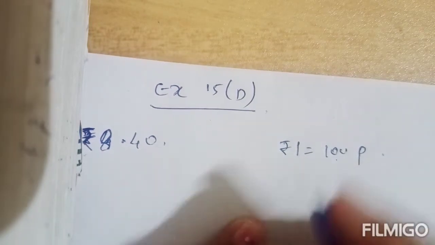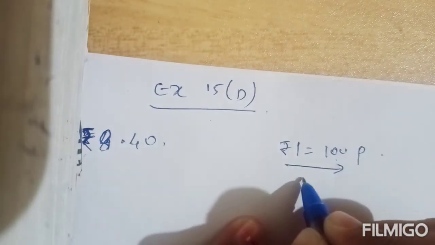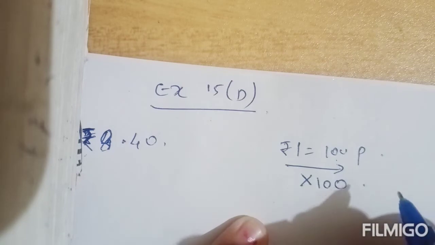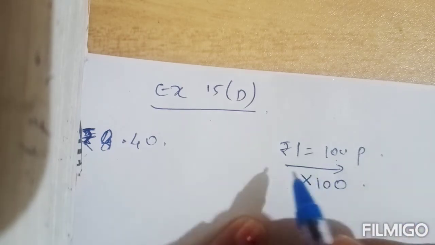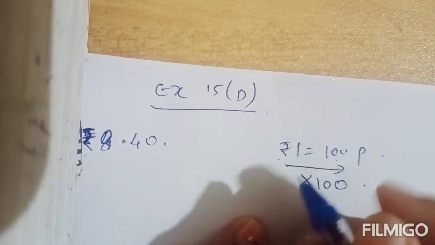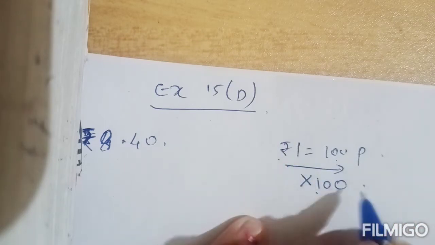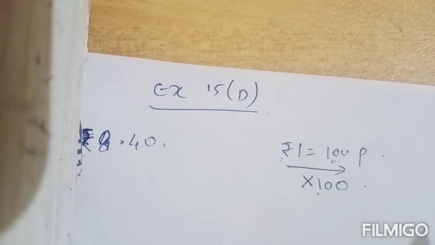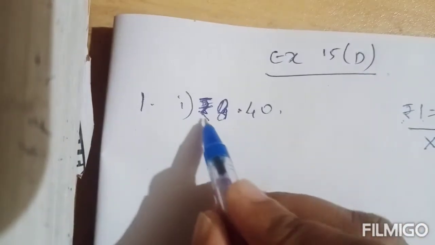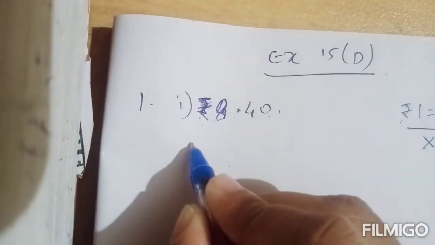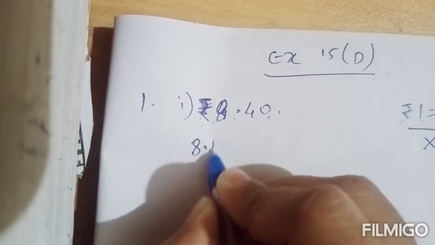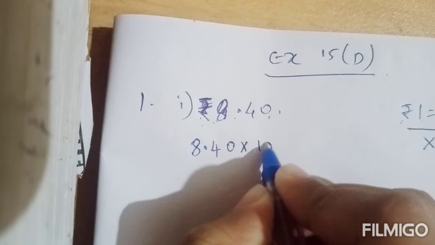So in order to convert rupees to paise, just multiply the given rupees by 100, because 1 rupee it is 100 paise. That's why. So here rupees 8.40, in order to convert this to paise, you just multiply 8.40 by 100.